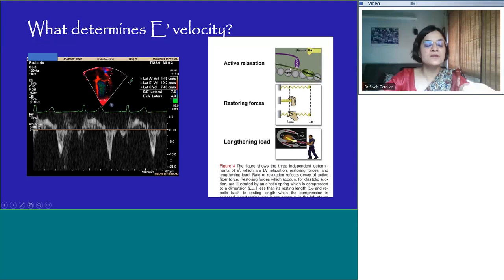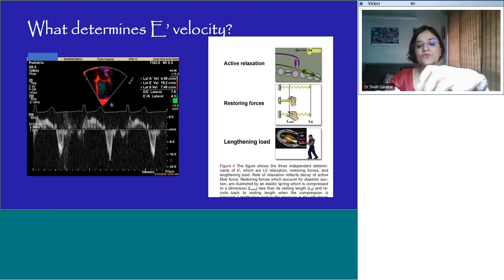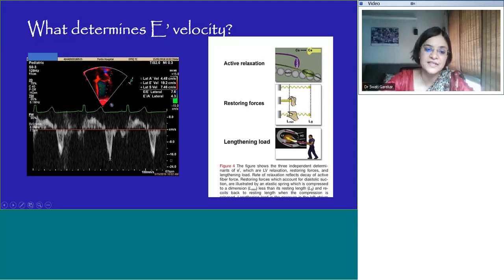How high the E prime velocity will be is dependent on how your LV, when it contracts, is like a coiled spring bouncing back. So that's what's happening over here, and that's reflected. The lengthening load also impacts it.